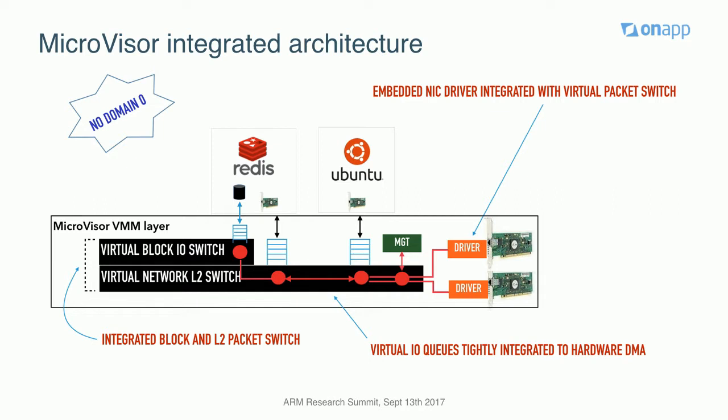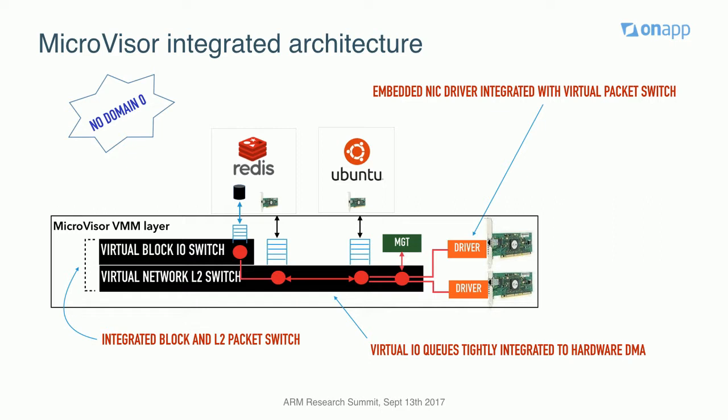So the approach that we've taken is to create a much more efficient VMM layer that is optimized towards the architecture. We've essentially moved a lot of the components that are common in the virtualization framework into the type 1 VMM layer, which executes in EL2. And as part of that, we've had to create a software packet switch architecture in the VMM layer.